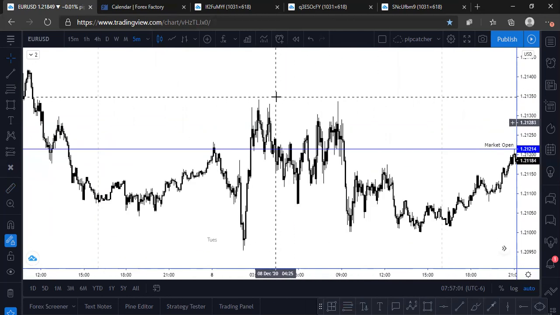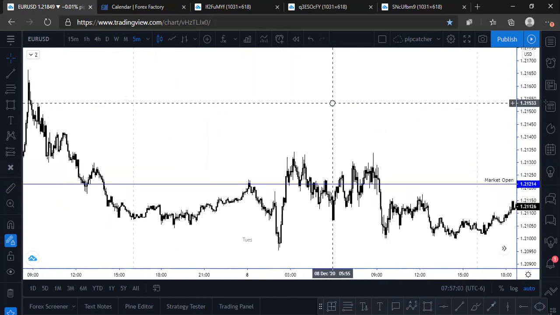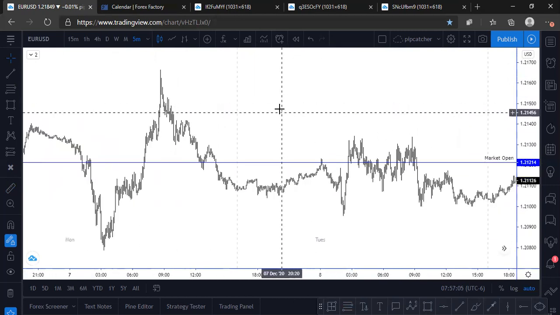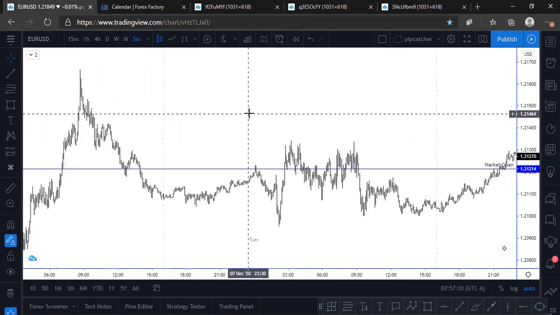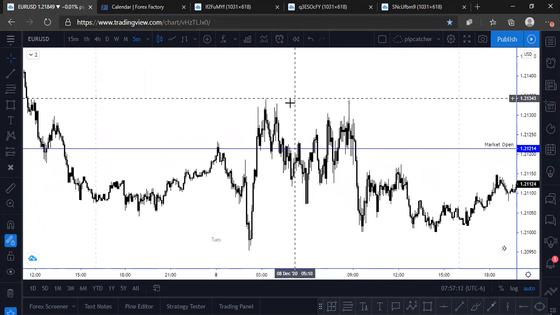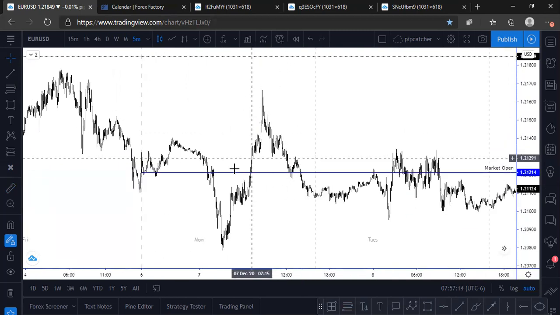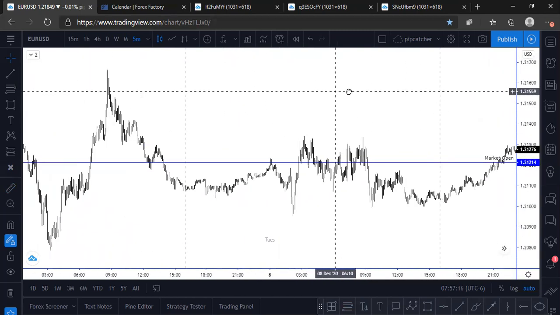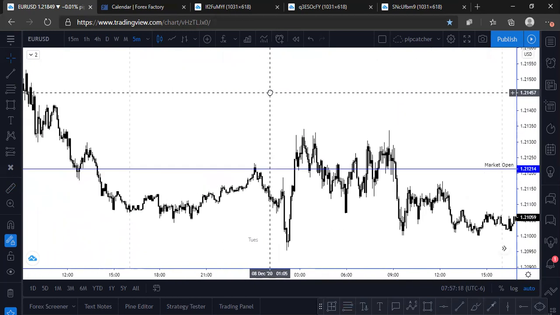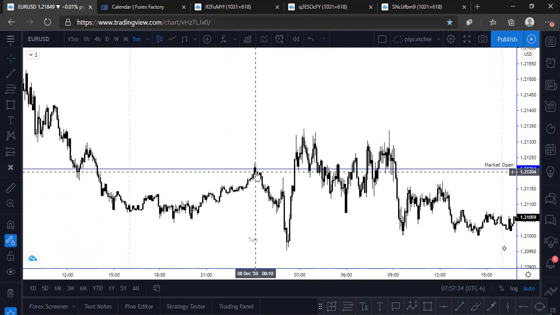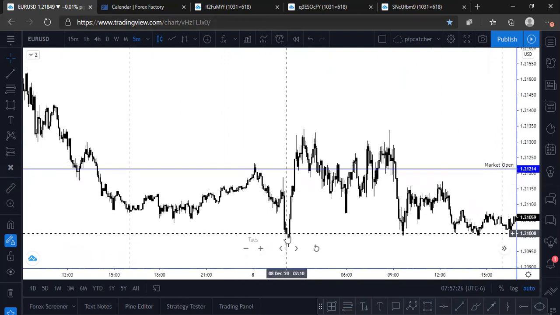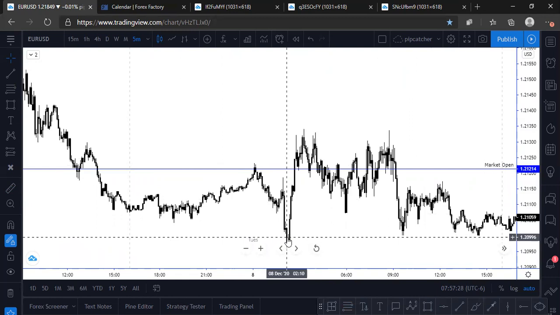So even I guess you could look at this area here on this Tuesday, and even though it's not the cleanest, you still would have made money, right? So you see how right here at the start of London, basically, or at midnight, price had traded down, okay?